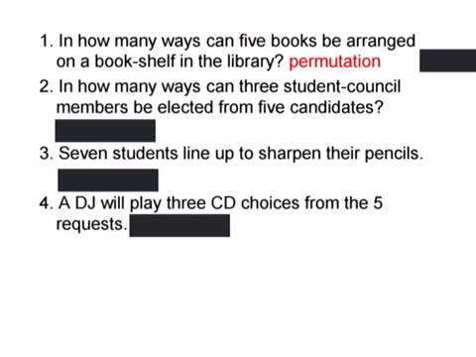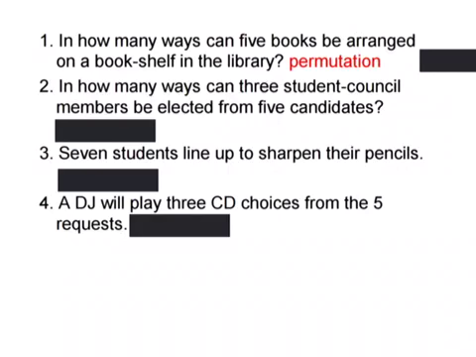Number 2, in how many ways can 3 student council members be elected from 5 candidates? Well, think about this one for a minute. When you think about the medals on the previous slide that I talked about, getting first place, second place, third place, order is involved there. How about 3 student council members?